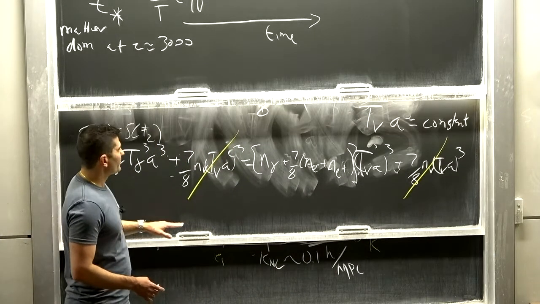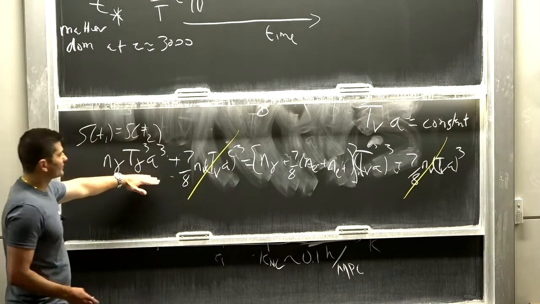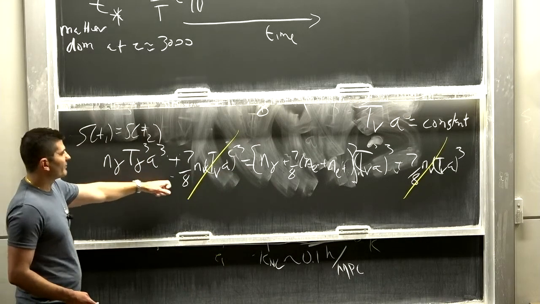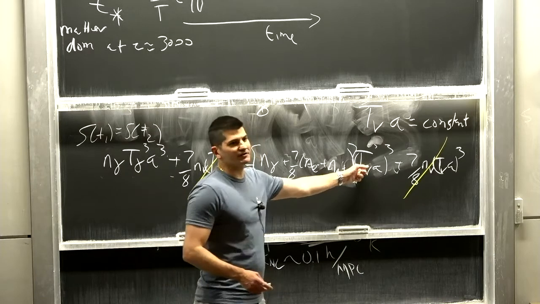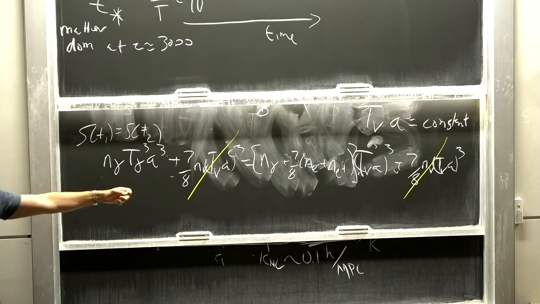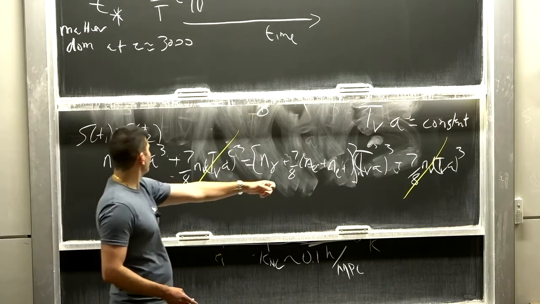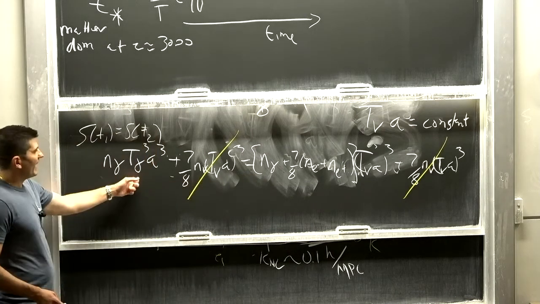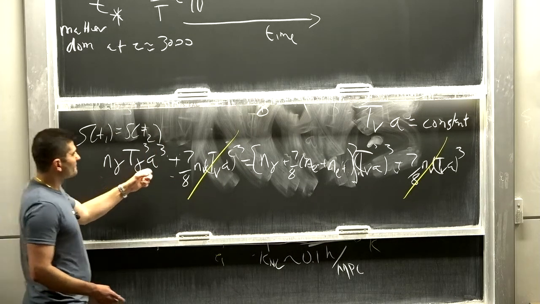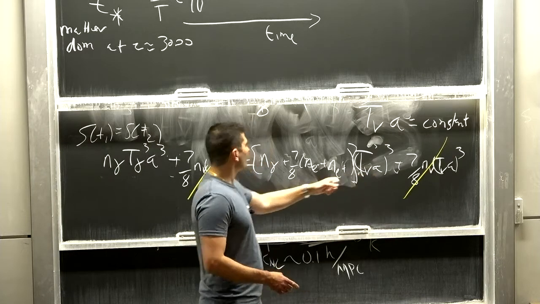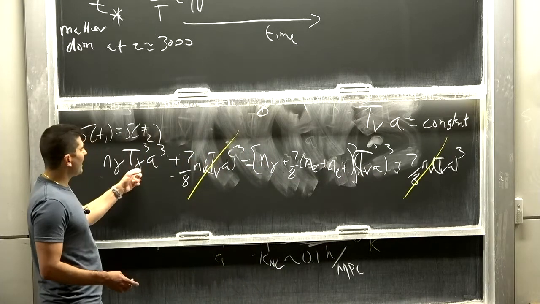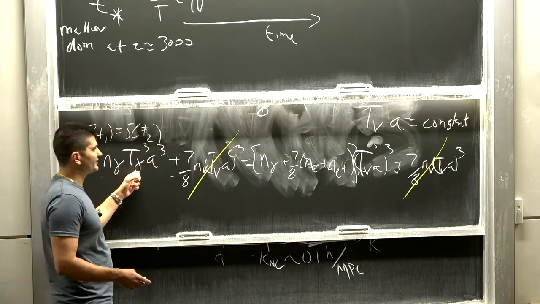Okay, so we can now take this and do the following. We have a T nu on this side because the temperature of the photons and neutrinos were exactly the same at the earlier time, and now we have the temperature of the photons over here on the right-hand side.